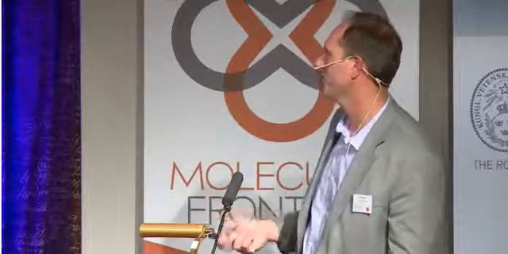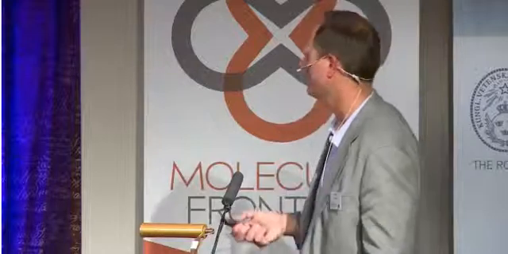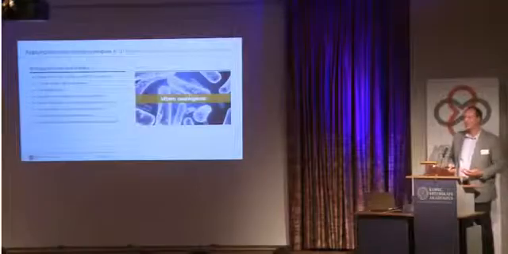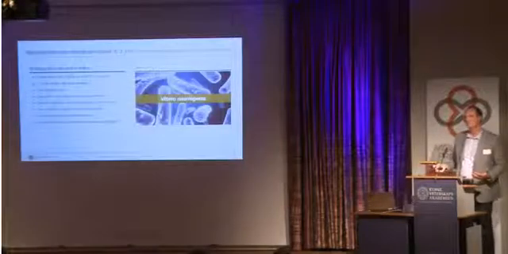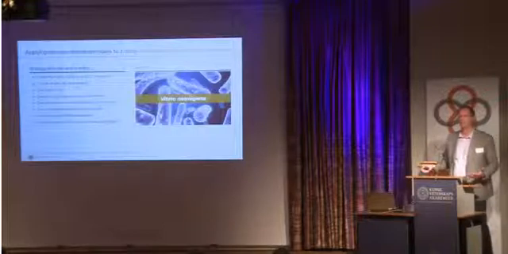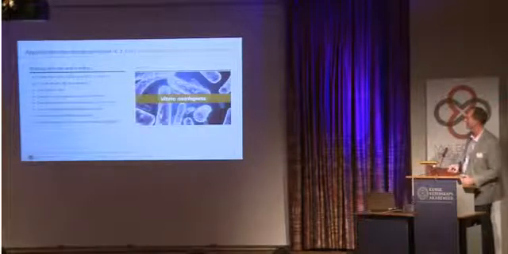It has a natural transformation machinery, which really accelerates the strain engineering efforts that we want to do on this organism. And it's already compatible with the E. coli protocols, vectors, and reagents that are pretty much already entrenched in every single molecular biology laboratory. So a lot to like about this organism.